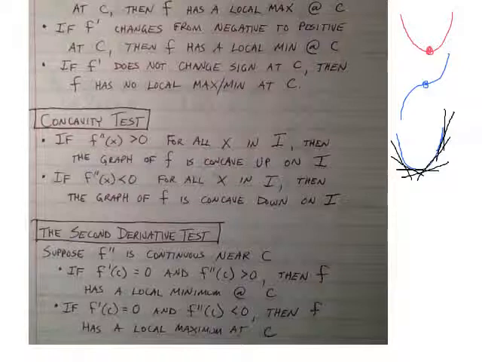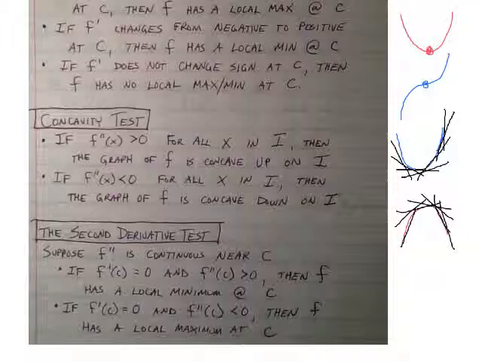Likewise, the second part of the concavity test says if f double prime of x is less than 0 for all x in the interval, then the graph is concave down. So here we have a concave down graph, and if you notice, all the tangent lines, if I can draw well, wind up being above the red curve, which is concave down.